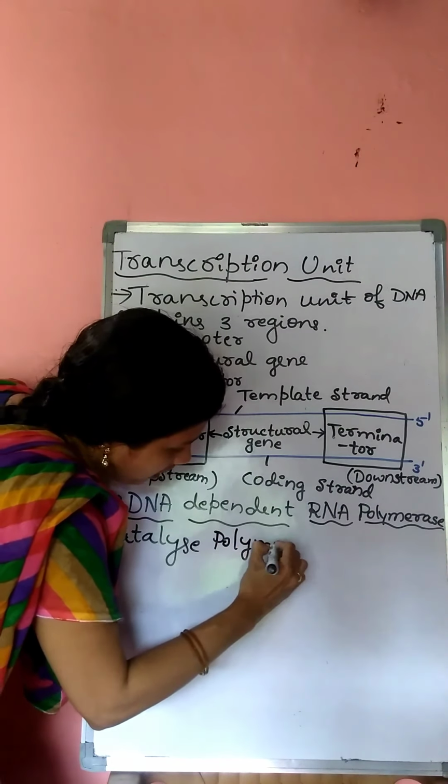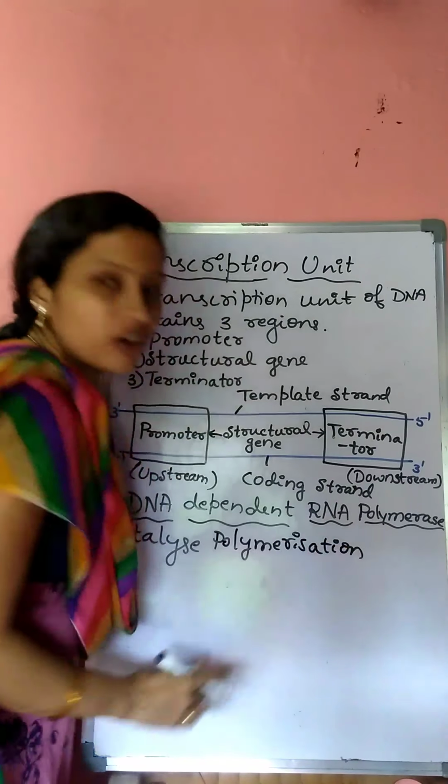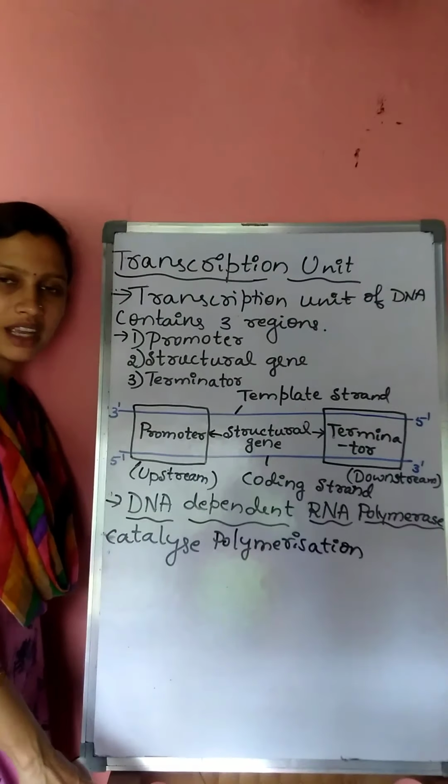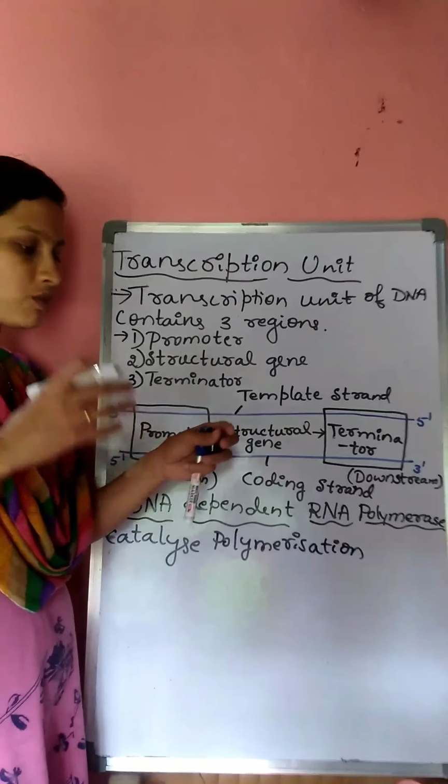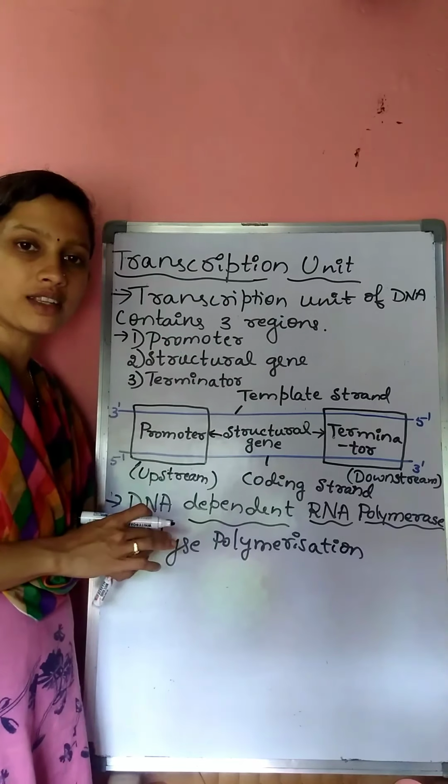Polymerization is nothing but addition of nucleotides. A polymer is formed by the addition of many monomers called nucleotides.